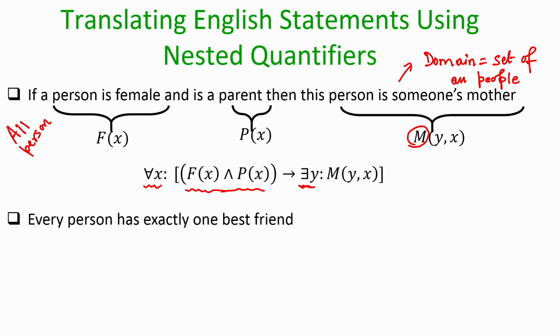Similarly, if I want to represent statements of the form that every person has exactly one best friend, right. So, this statement has two parts. The first part is that each person has at least one best friend, definitely, that is the first part of this statement.